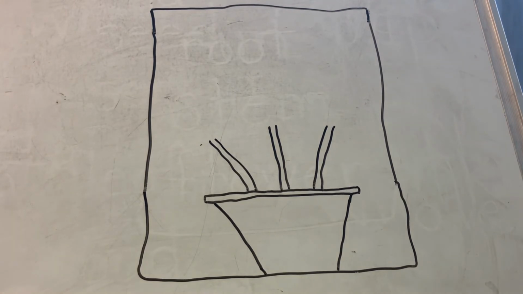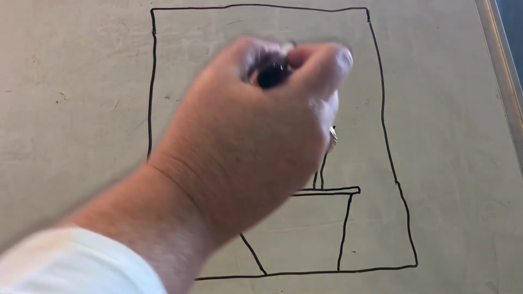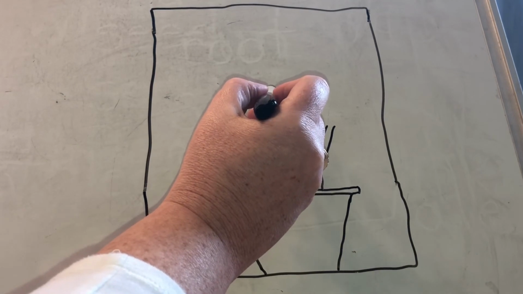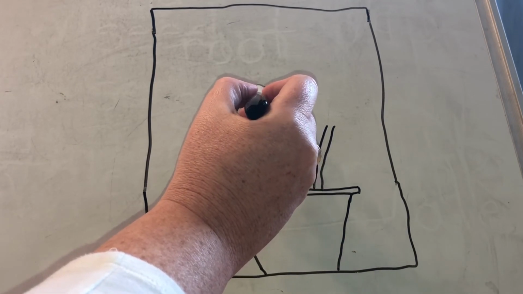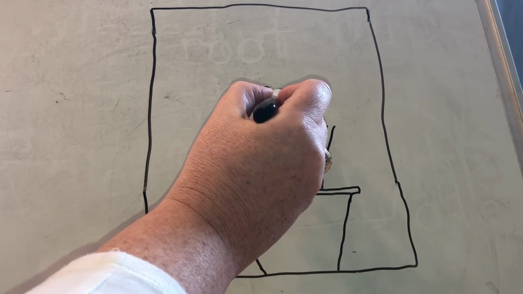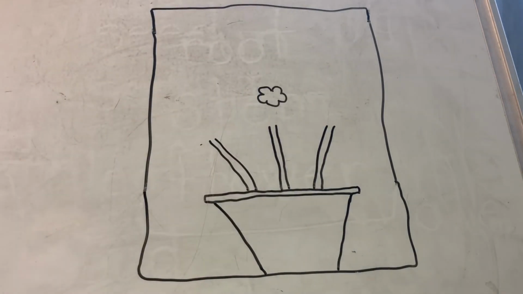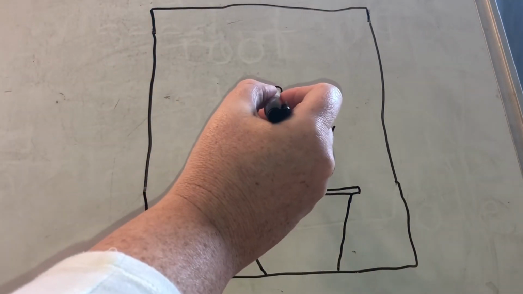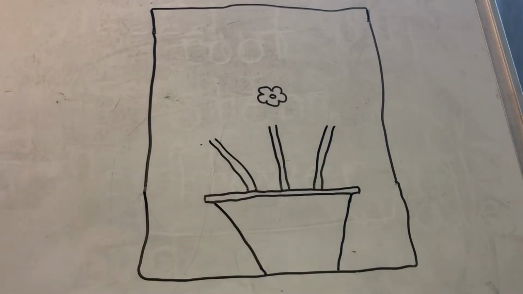Now, to make my flower, I'm going to start by making kind of a little bumpy, squiggly, cloud kind of shape. I'm going to start about right here, up a little bit from my stem, and I'm just going to go bump, bump, bump, bump, bump, like that. And in the middle, I'm going to put a little circle.